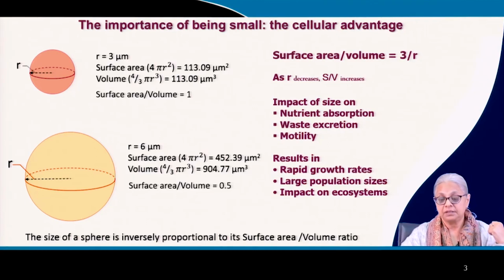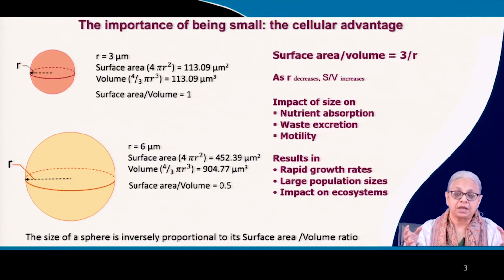So as R decreases, S by V, or the specific surface area, increases, and that is why the smaller the size of the cell, the greater the advantage in absorbing nutrients, and that's what the bacterial advantage or the cellular advantage is all about. So this is the impact of size on nutrient absorption, waste excretion, and motility.